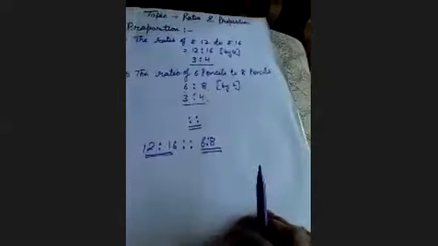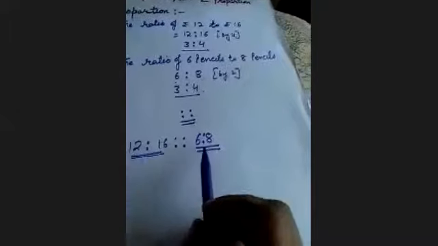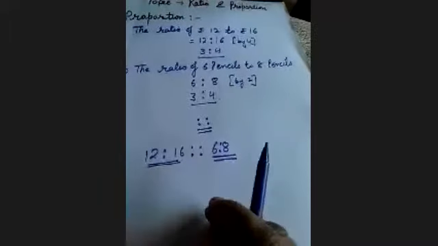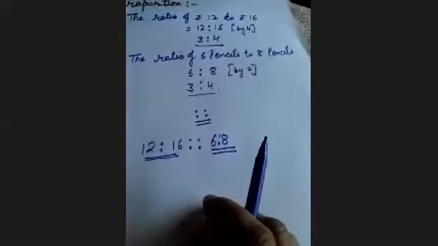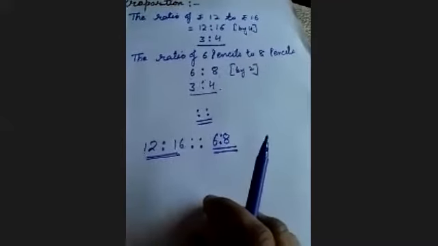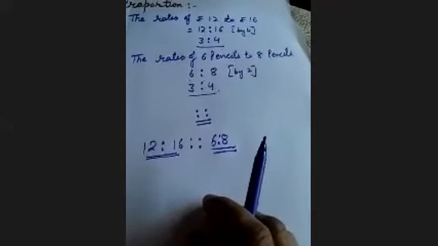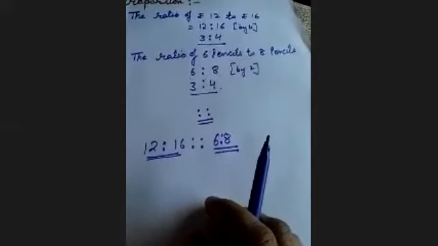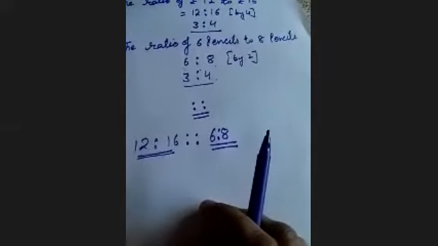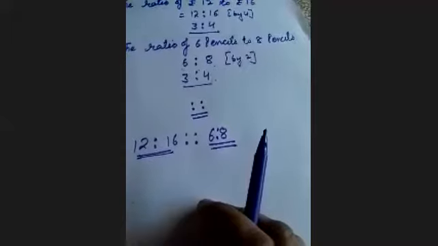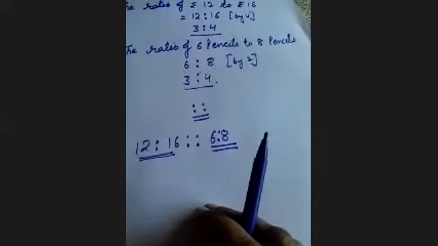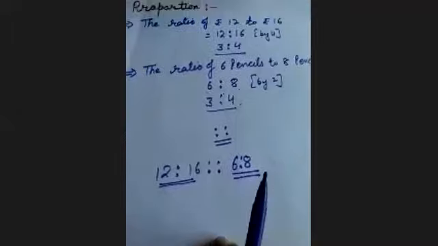So it means these ratios are in proportion. In simple words, an equality of two ratios is called a proportion, and we say that the four quantities are in proportion.